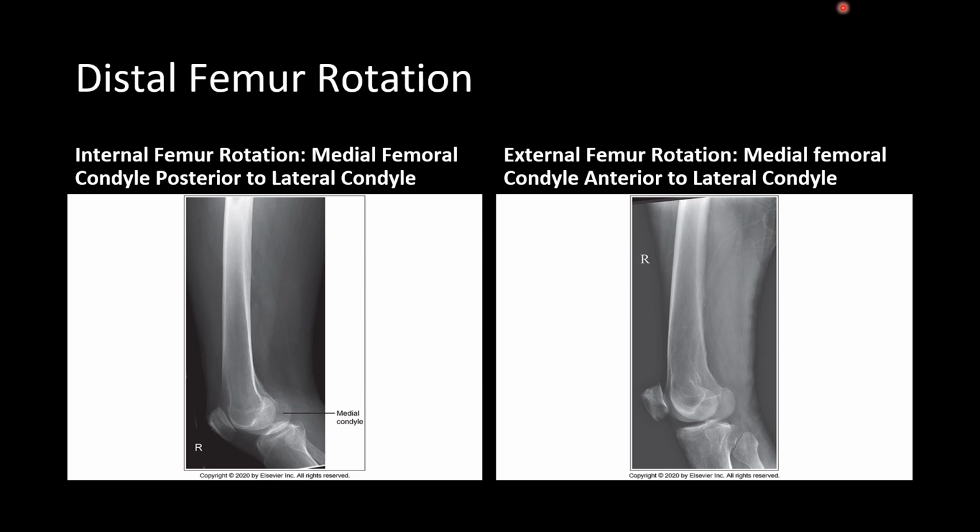In the next projection, we can see that the medial condyle is actually anterior to the lateral condyle. This should indicate to you that the leg was externally rotated too far. In order to correct that, we need to internally rotate that leg until the epicondyles are, again, perpendicular with the IR.